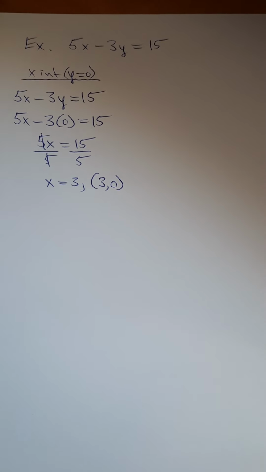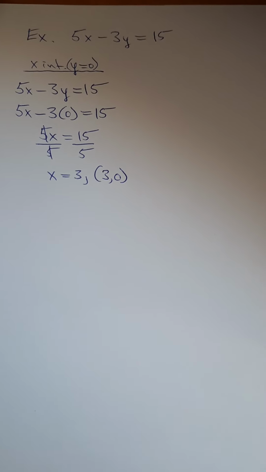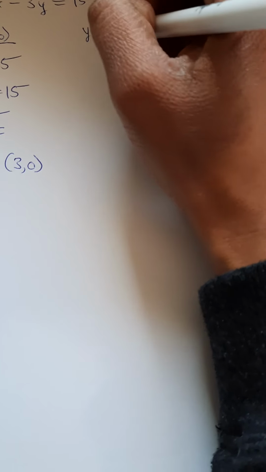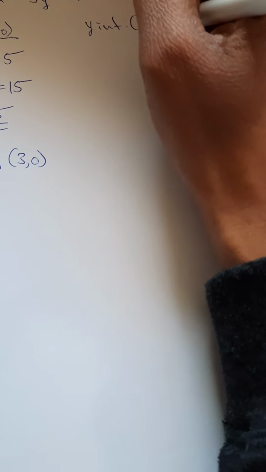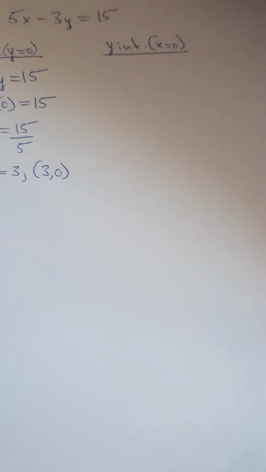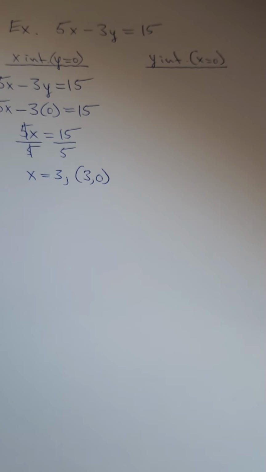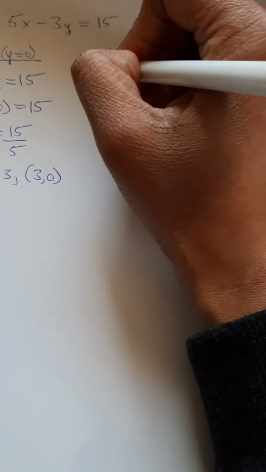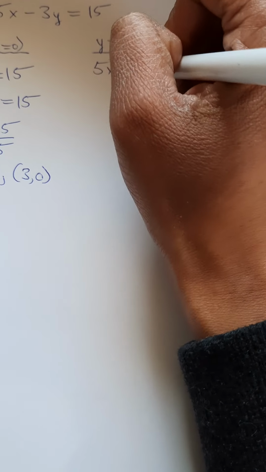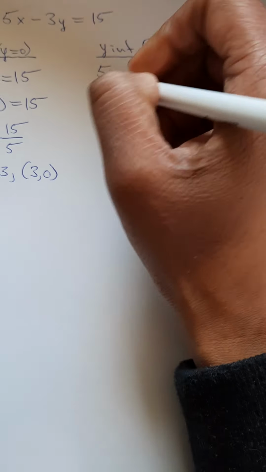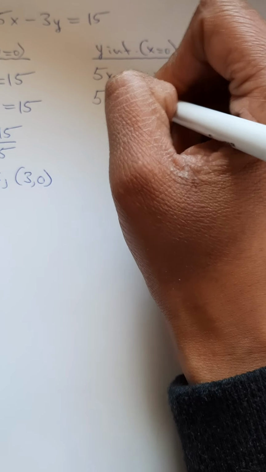In the same sense, we're going to do the y-intercept on this side here. The y-intercept is when x is equal to 0. As long as you remember these definitions here. So let's rewrite the equation here, and we're going to substitute the x as 0.